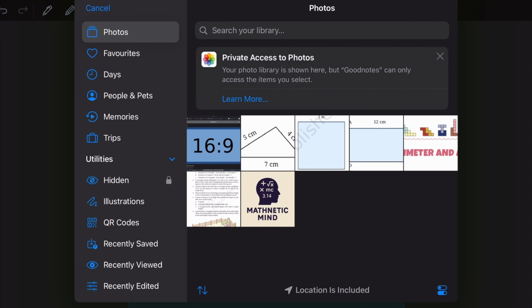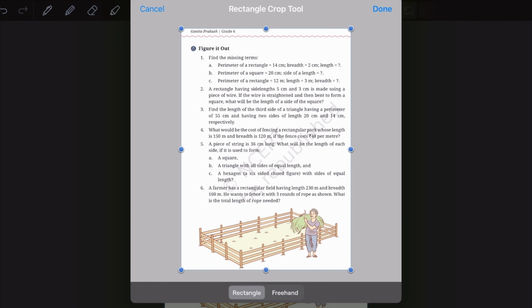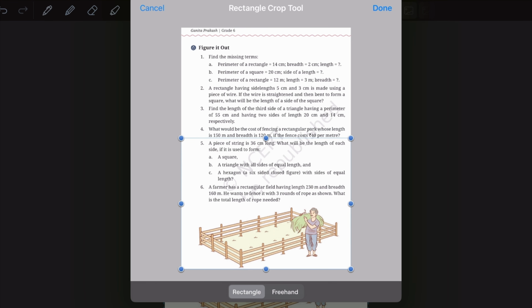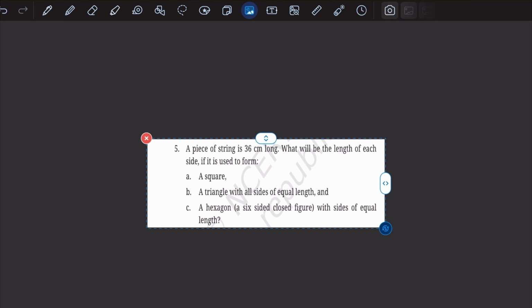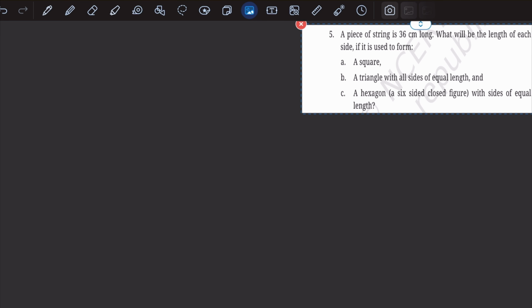Now we will take the next question, the fifth one. Fifth one is this one. Okay, so what is the question? A piece of string is 36 centimeter long.